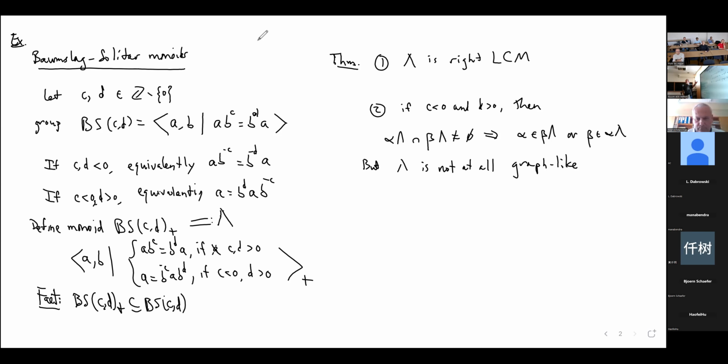I think this is quite strange, and I still don't really know if this means anything. It's a kind of funny observation that came out of analyzing these monoids.